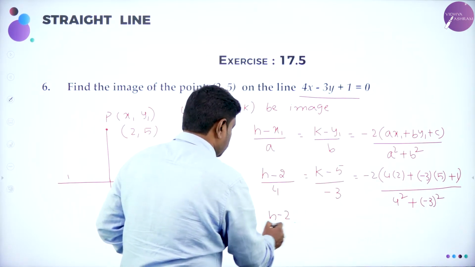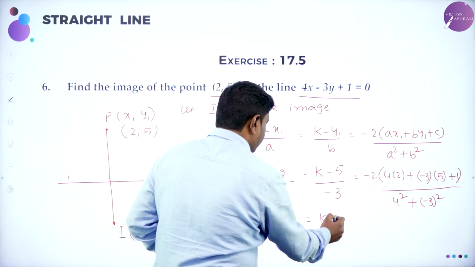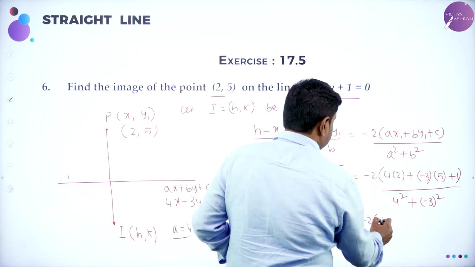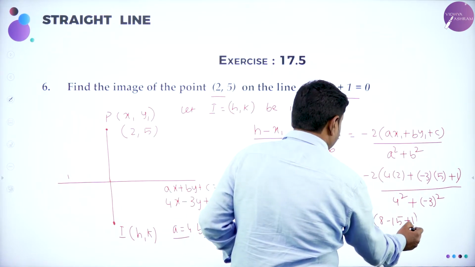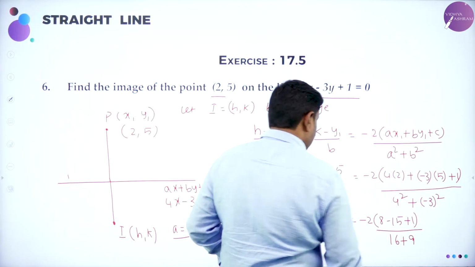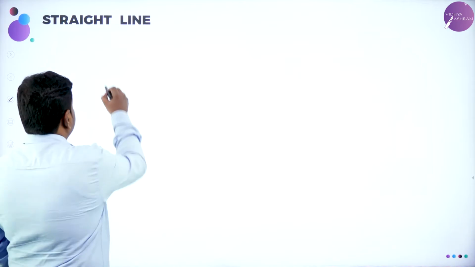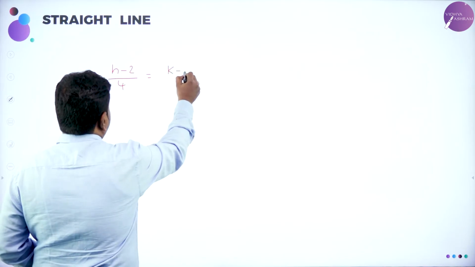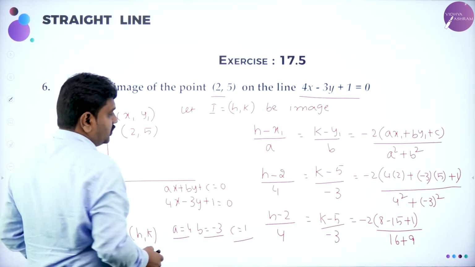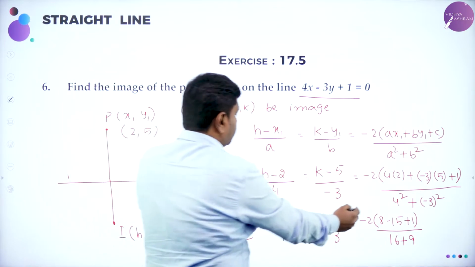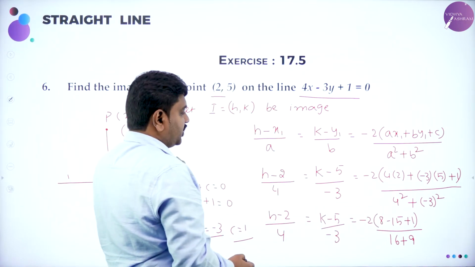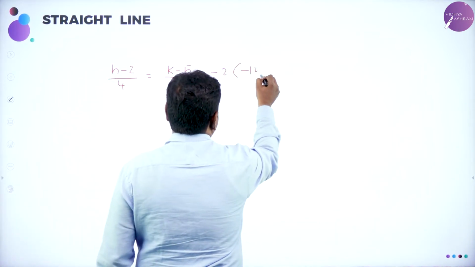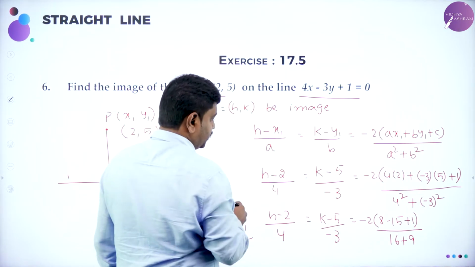Simplify this, you will get (h minus 2) by 4 is equal to (k minus 5) by minus 3 is equal to minus 2 into (8 minus 15 plus 1) divided by (16 plus 9). Further, we will simplify this. So 8 plus 1 is 9, minus 15 plus 9, which gives minus 6, divided by 25.